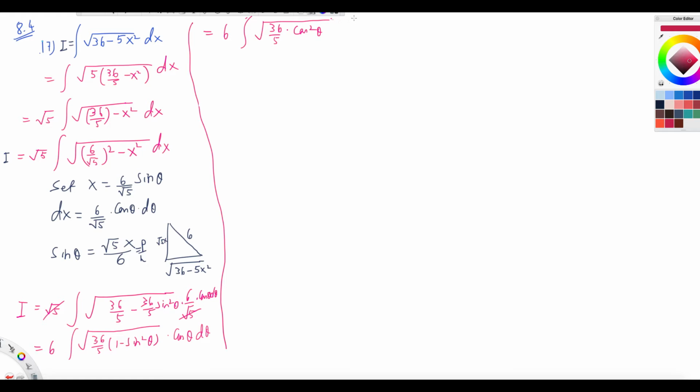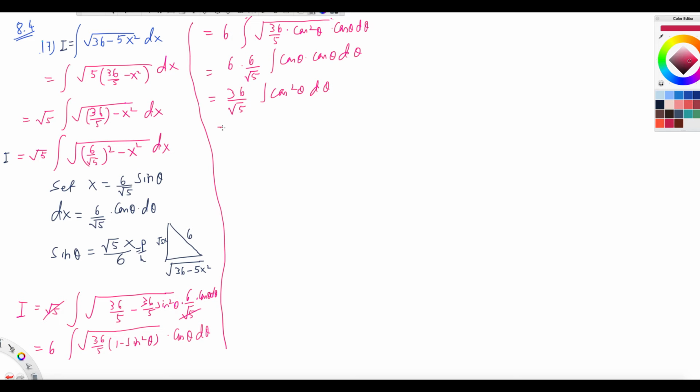Which equals 6 times, what is the root of 36? It is 6 over root 5. And the root of cosine squared theta is cosine theta, right? And then d theta. So you get 36 over root 5, and then cosine squared theta d theta.